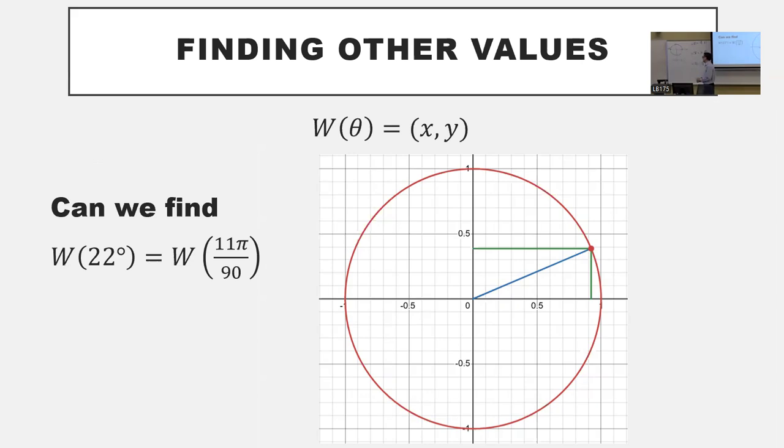We know about what a 22 degrees angle looks like, or 11 pi over 90 looks like. But we can't find this based on triangles. It's not going to be very nice.